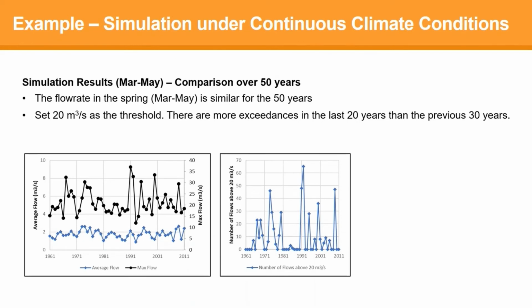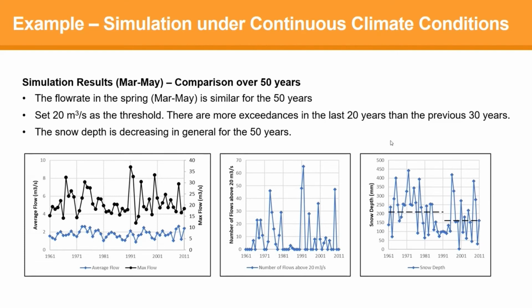So what it's telling us is that, at least in this simulation period, in those last 20 years the flow rate tends to go above 20 cubic meters per second more frequently compared to the first 30 years.